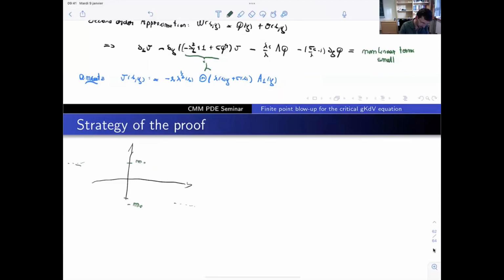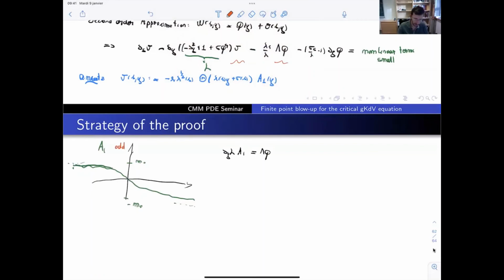This is not oscillating, I am just drawing it badly, but it should be something like that. So this is A1, and moreover, it satisfies ∂y L A1 equal to lambda Q. I will be able to solve this equation with A1, but here the novelty is that A1 is an odd function, and this is very important.